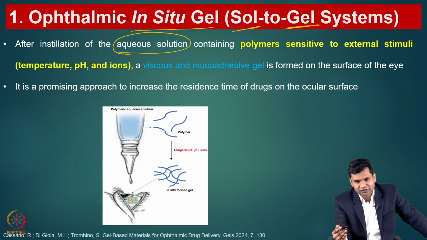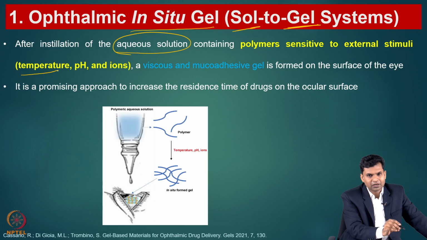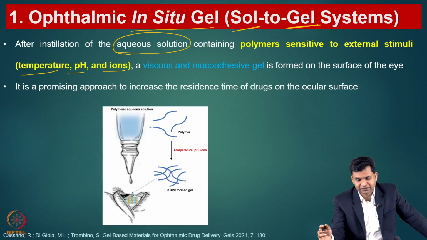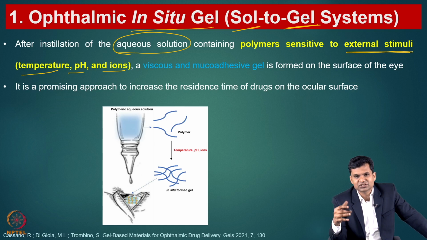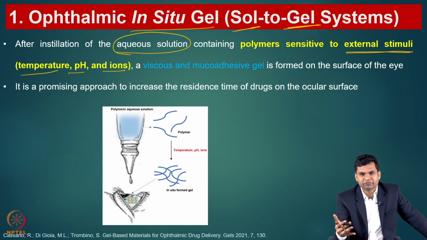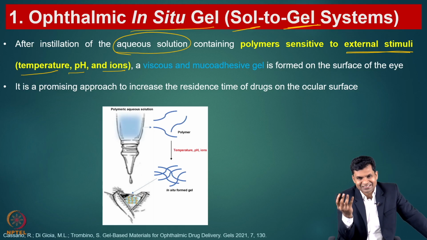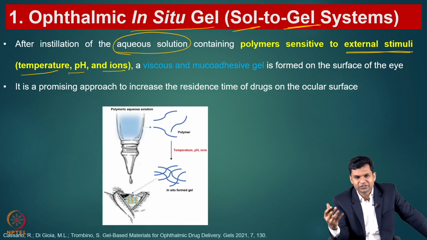After instillation, after administration to the eye, because of the environmental or external factors, which are the temperature of the eye, the pH, and the ions present in that environment, which work as an external stimuli, the solution converts to the gelling system. So, these are called sol to gel or in situ gels. After administration at the site, this solution will convert into the gel.